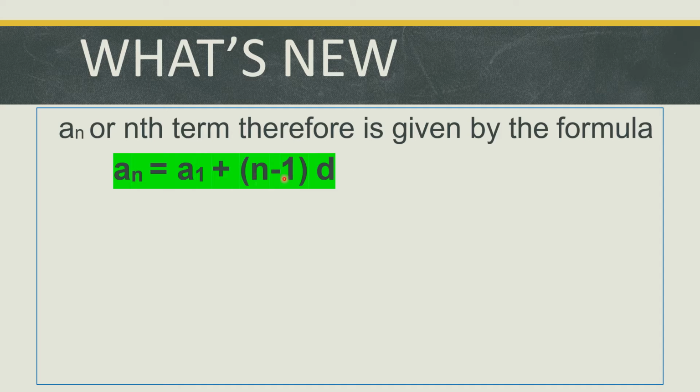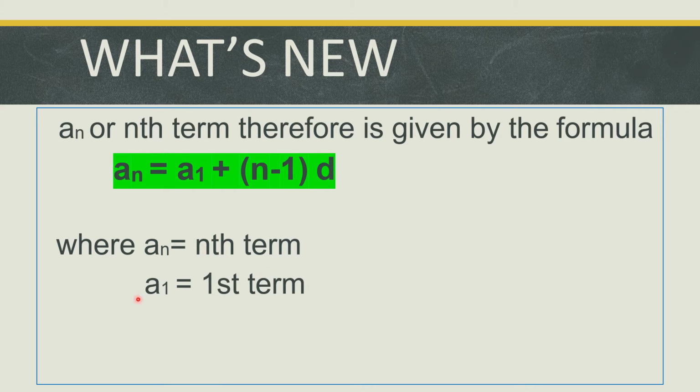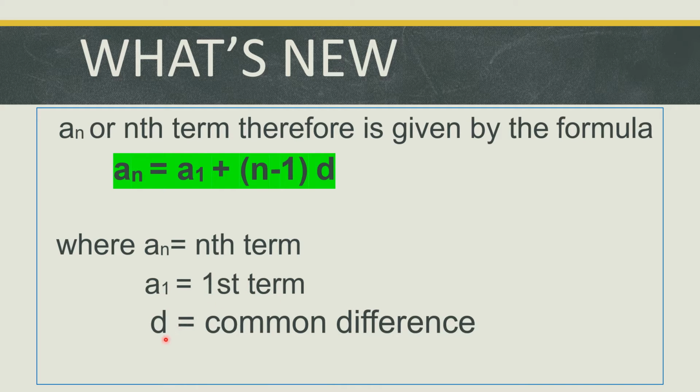Kasi nga, mas mababa ng isa yung i-multiply sa common difference based dun sa number of term na n. Wherein, yung a sub n natin is the nth term, ang ating a sub 1 ay first term, ang d naman ang ating common difference, at ang n ay number of terms o yan yung bilang ng terms na hinahanap natin.